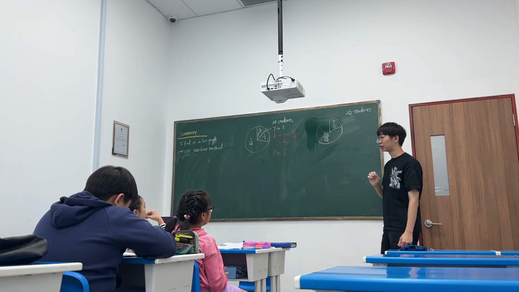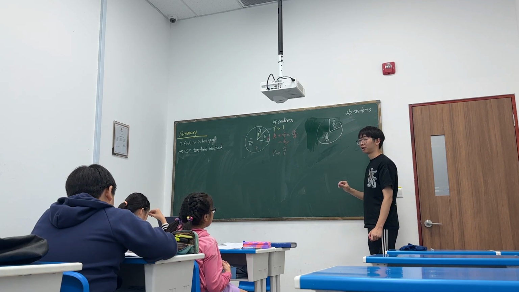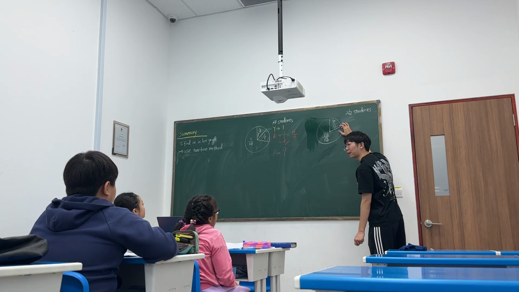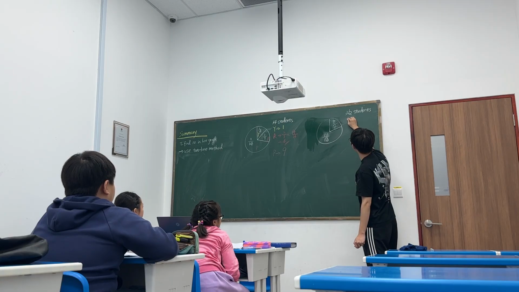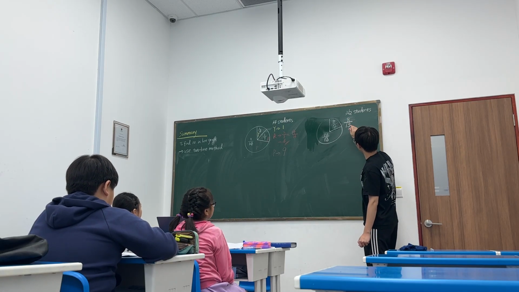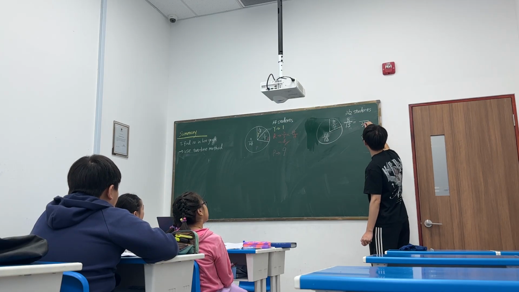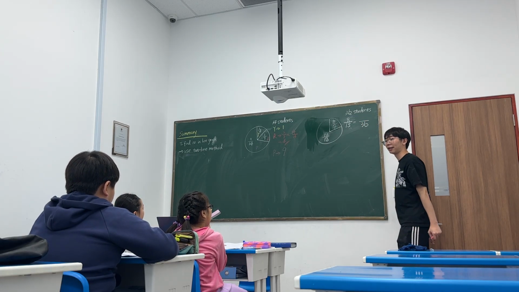I'm going to change the denominator to what number? 36. To 36, excellent. So to find out how many students like purple, the first step, you change the denominator 18 into 36. So 8 over 18 equals to what over 36?